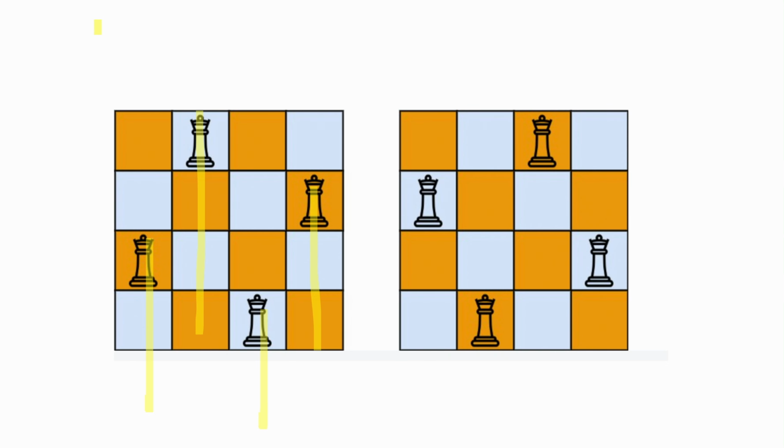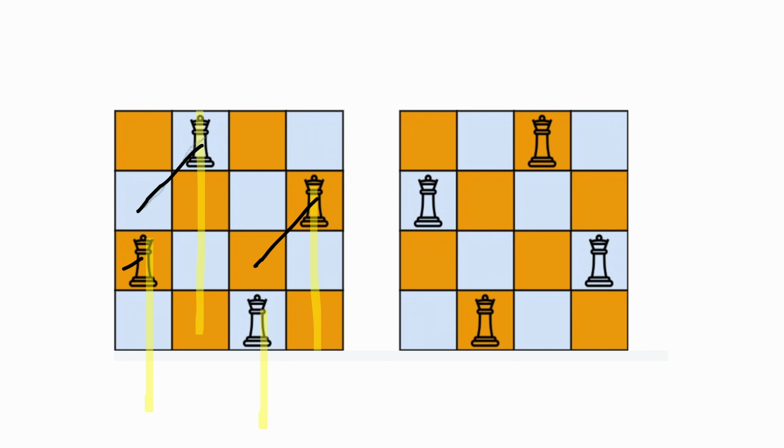Now going to the third rule, which states that a queen can attack another queen if it's present in the same left diagonal. So the first queen's left diagonal element is this one. It doesn't have any other queen. Similarly for queen 2, there are no elements in its left diagonal, and the same goes for queen 3 and queen 4.